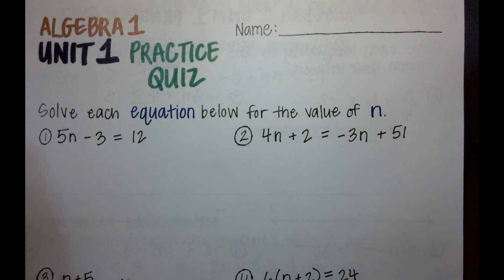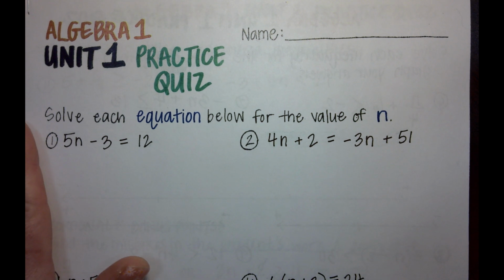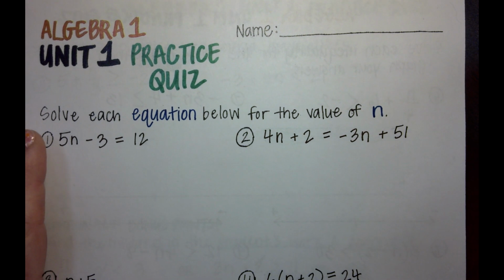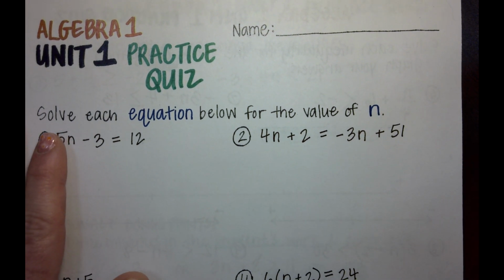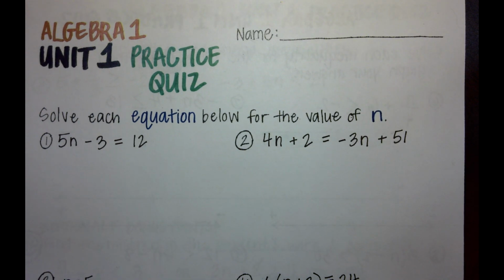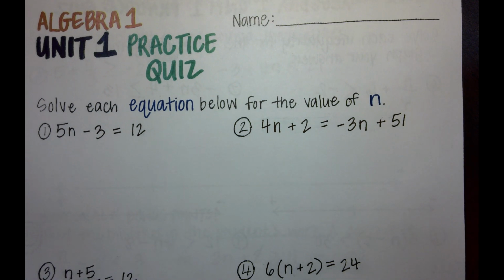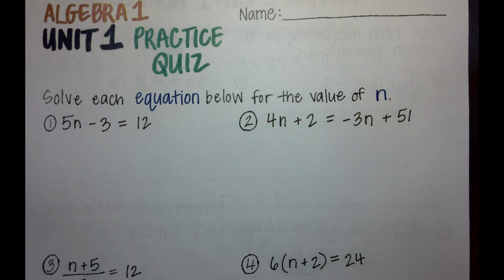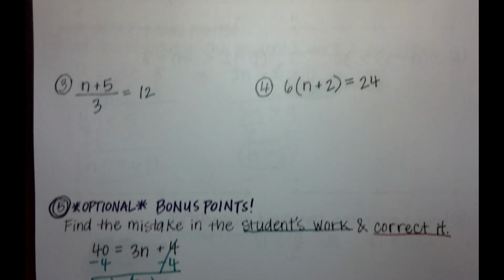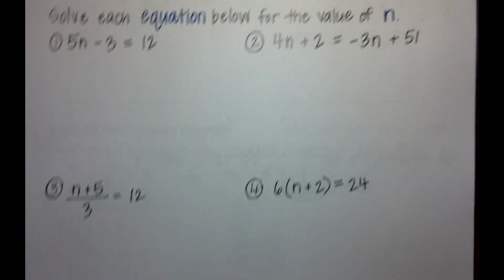So, when we take a practice quiz, I just run through all the questions with you together. If you would prefer to do this by yourself, feel free to tune me out and work on it alone. But we're going to go through all of them together as a class. So, let's start with number 1. We are going to be doing equations on the first side of our quiz.